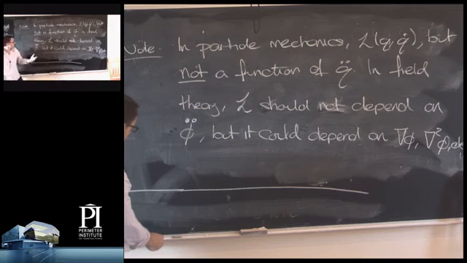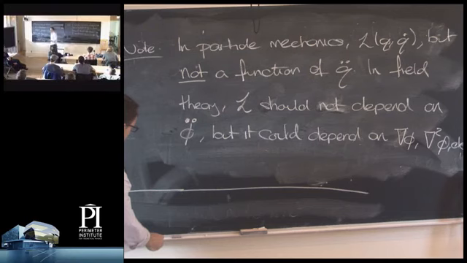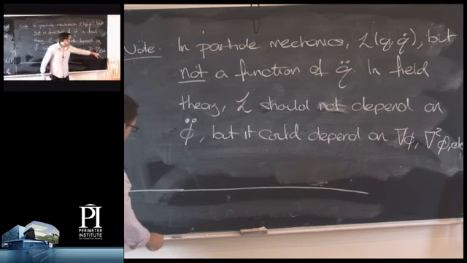But there's no reason, in principle, why it can't depend on second derivatives, spatial derivatives of phi. And there are various cases that you'll come across where the Lagrangians will depend on spatial derivatives of phi. Certainly in condensed matter, where there's no reason that space and time have to be on the same footing. There's no Lorentz invariance. It's not unusual at all to find Lagrangians with these kinds of terms.